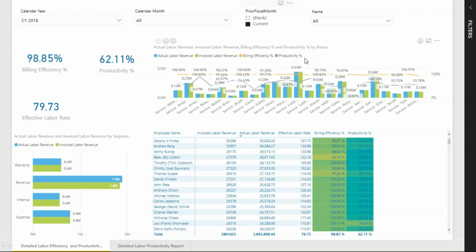You could be looking at that by the individual service offices or overall as a company.